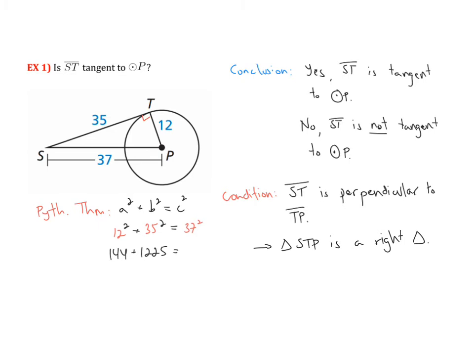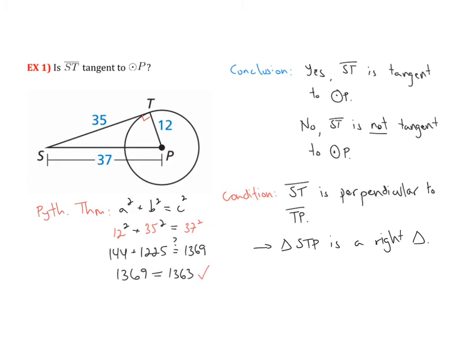And we're trying to check to see if this is equal to 37 squared, which is 1,369. When I add the two numbers on the left side, it actually does become 1,369. And this is in fact equal to 1,369 on the right side.